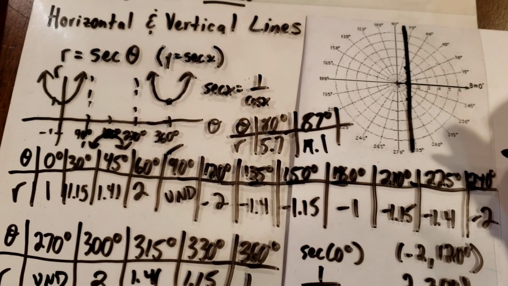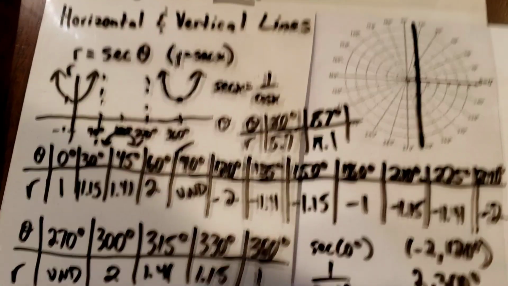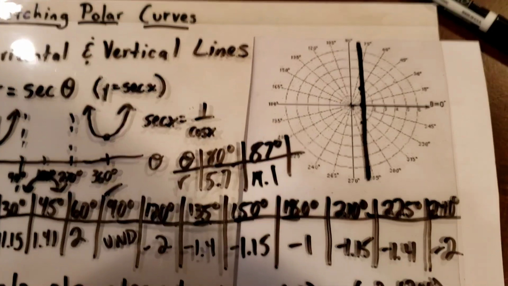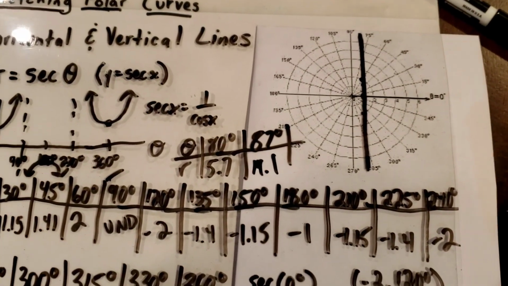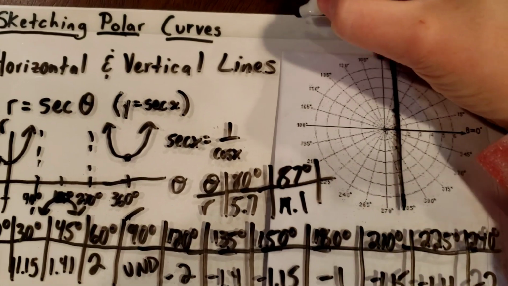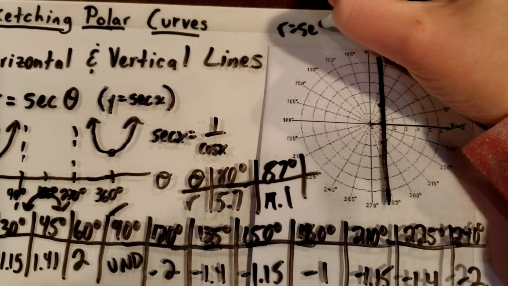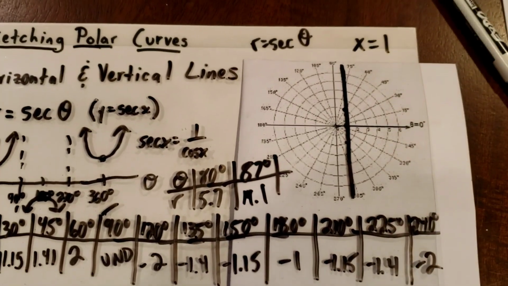And if you put that on the rectangular coordinate plane, the xy axis, the equation r equals secant of theta is the same as x equals 1.